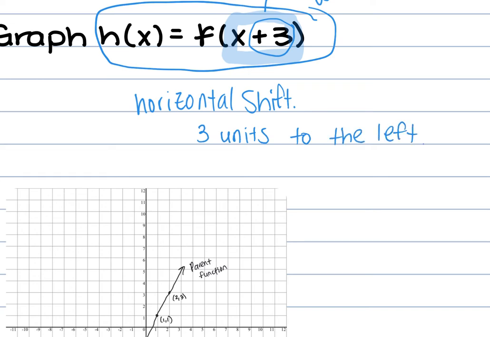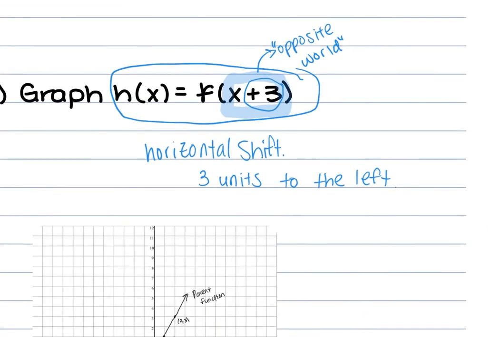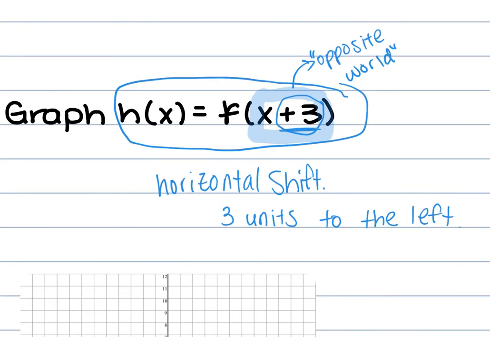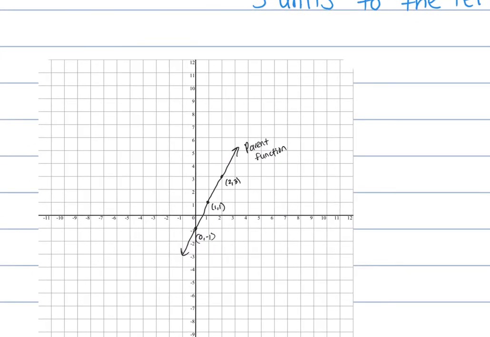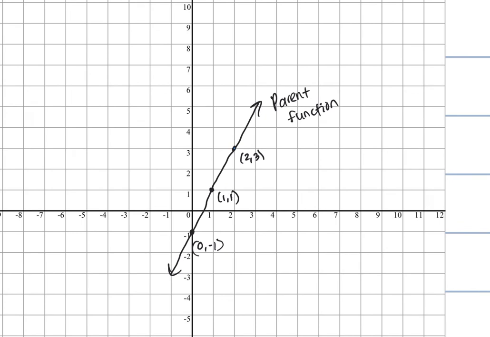Okay? Now, I'm going to explain why it's called opposite world. But I want you guys just to know that if it's inside parentheses, that world inside the parentheses is called opposite world. Okay? So instead of moving 3 units to the right, which we normally would do since it's plus 3, we're actually moving 3 units to the left. So we're doing the opposite of what we should do. Okay? So look what happens. Every single point, we're just going to take an arrow and move it 3 units in the other direction. 3 units to the left, 3 units to the left.